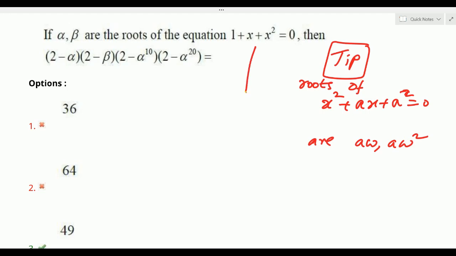In our given equation, x square plus x plus 1 equals 0, a is 1 and a square is 1, so what are the roots here? Roots are 1 omega and 1 omega square, that is omega and omega square.